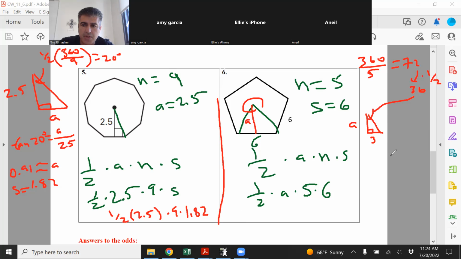So that's 36 degrees right there. So tangent of 36 degrees equals 3 over A. Or you can do 54 and do A over 3. It's up to you. If you solve for that apothem, you get 4.13.